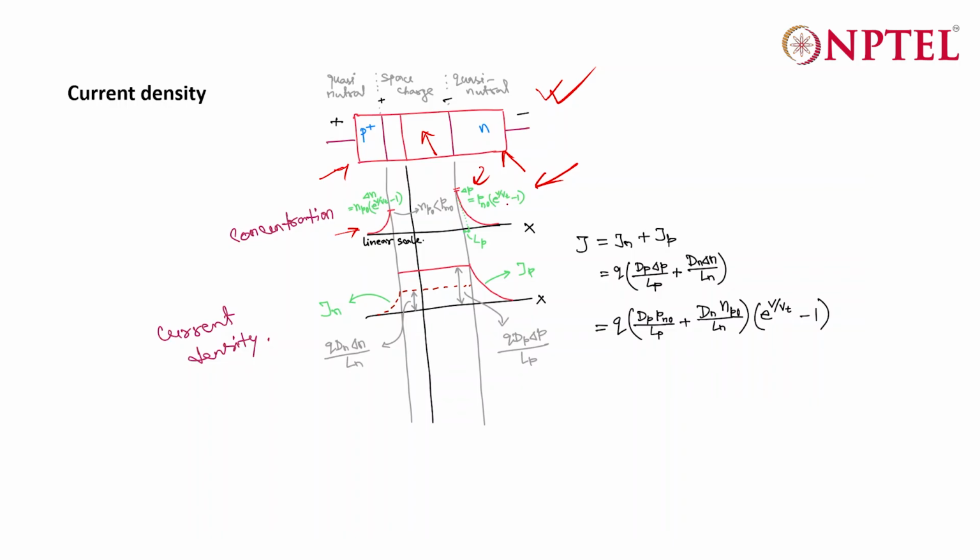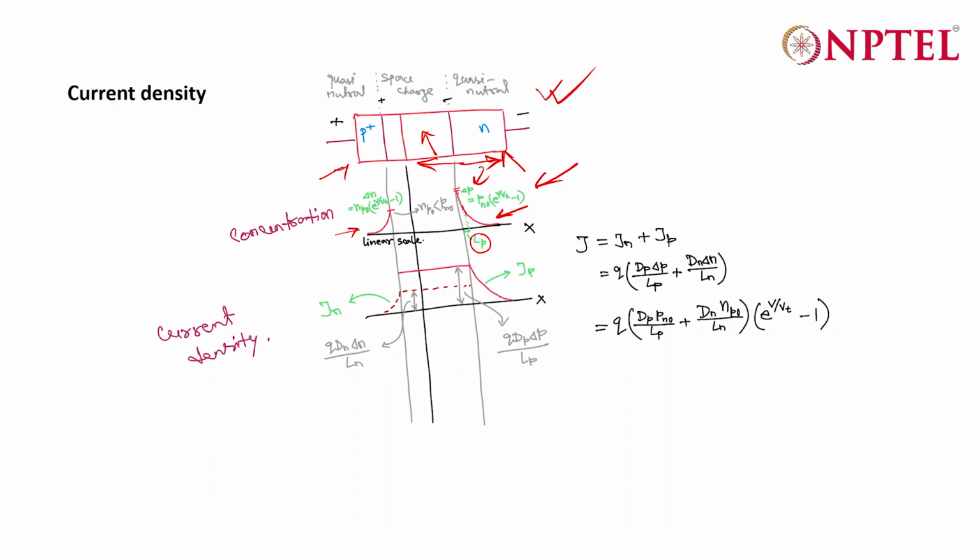On both sides you will find a plot like this, and if you find the slope, you will find this is nothing but the diffusion length LP, which is much smaller than the total length of the N region, right?